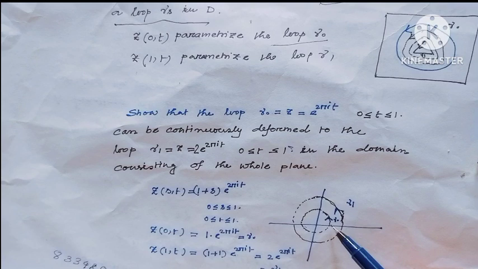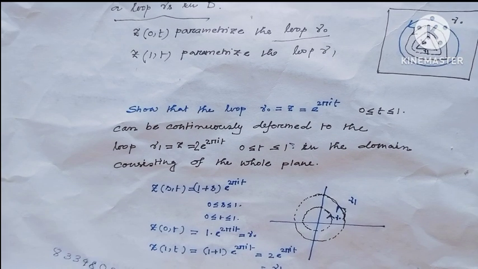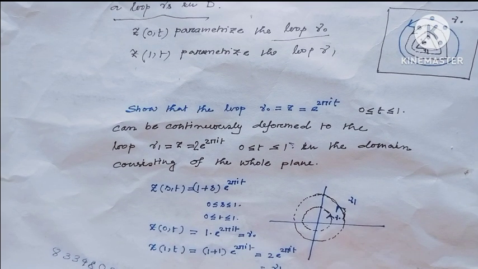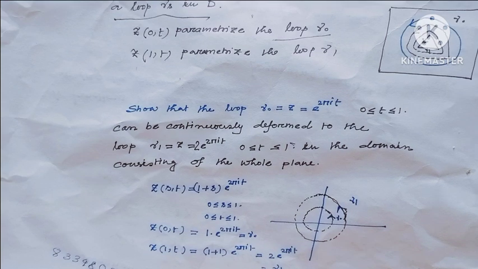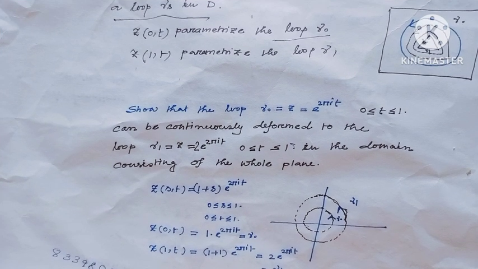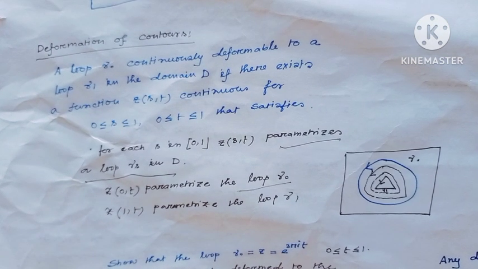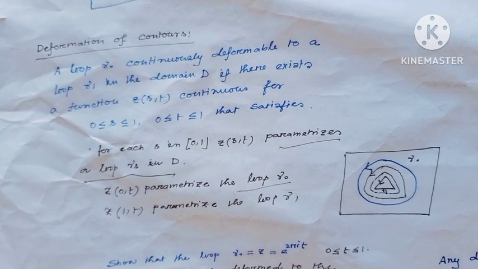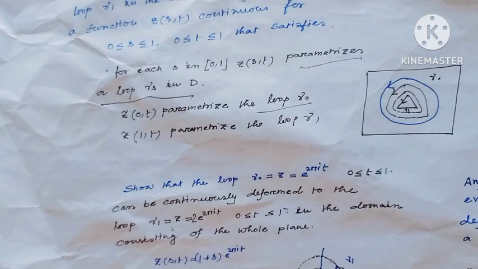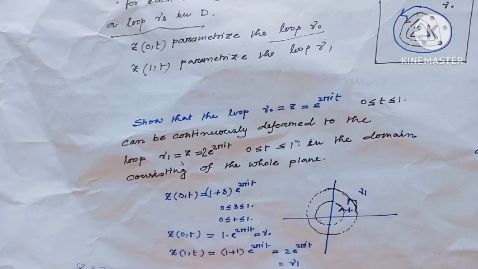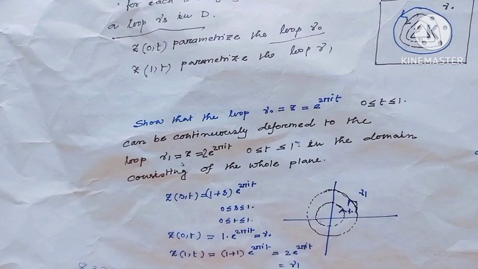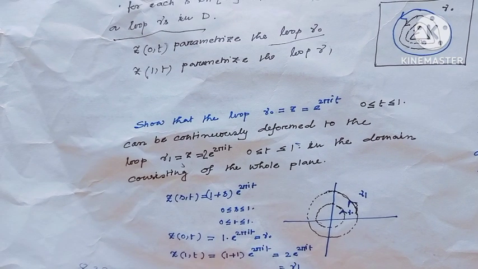Here the circle of radius 1, here the circle of radius 2, by this parametrization. I hope all my viewers have clearly understood. This is the actual idea of a simply connected domain. If we can deform any loop easily, then we can tell this is the simply connected domain.